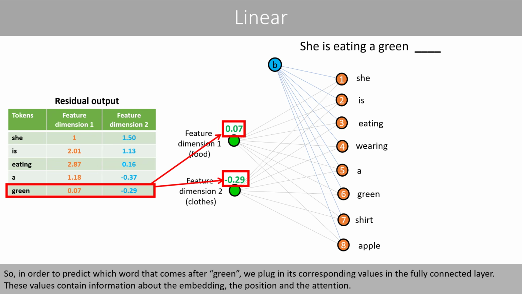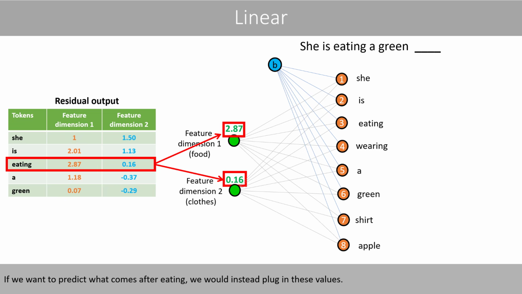So, in order to predict which word comes after green, we plug in its corresponding values in the fully connected layer. These values contain information about the embedding, the position, and the attention. If we want to predict what comes after eating, we would instead plug in these values.